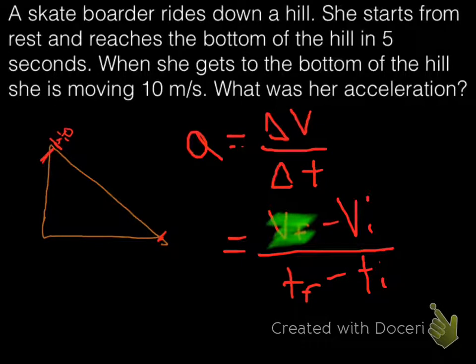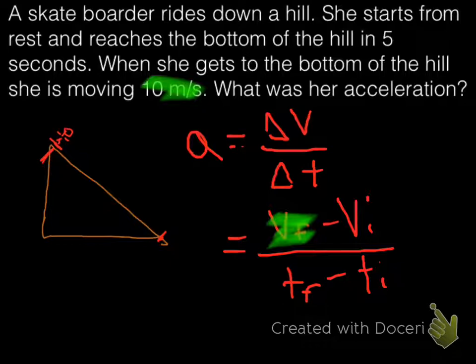That's going to be the velocity at the finish, what you're left with after the acceleration has been put on you. In this problem, they tell us when she gets to the bottom of the hill, she's moving 10 meters per second. So that's going to be our final velocity.